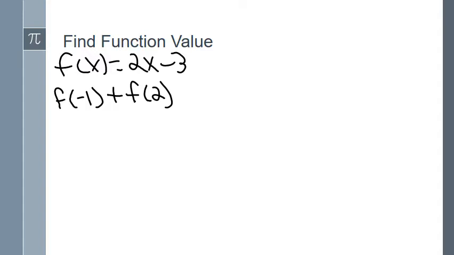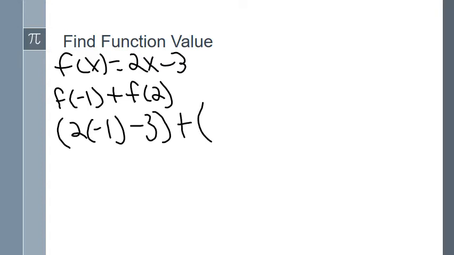Let me just go through and we'll see how this works out and demonstrates. So I'm going to go ahead and set up my equation. I'm going to put this in parentheses, make it easier for me to see and solve. I'm going to go 2 times minus 1, this is where the f of minus 1 comes in, minus 3, close my parentheses, plus parentheses 2 times 2, substituting in 2 here for this x, minus 3.